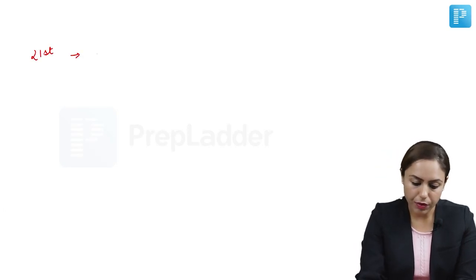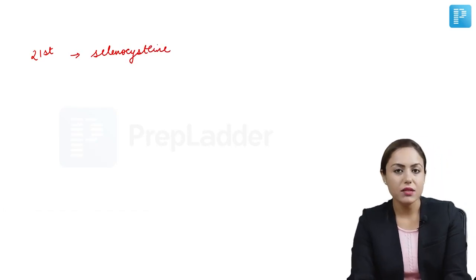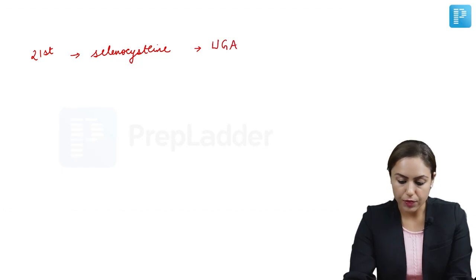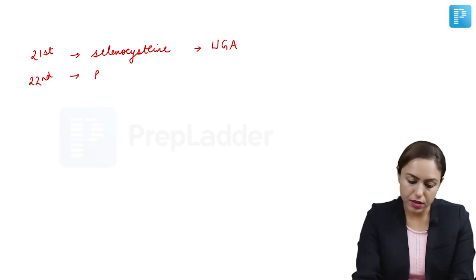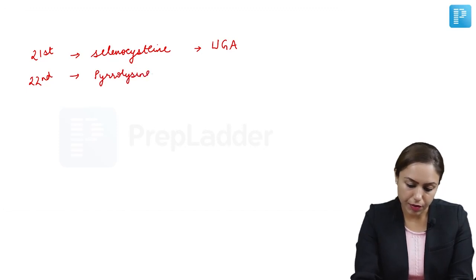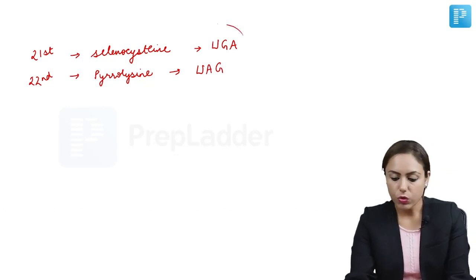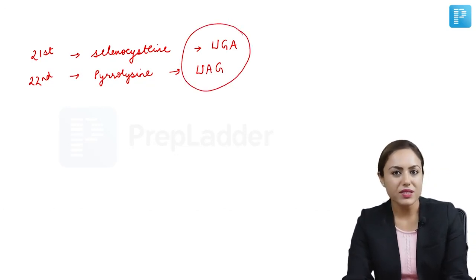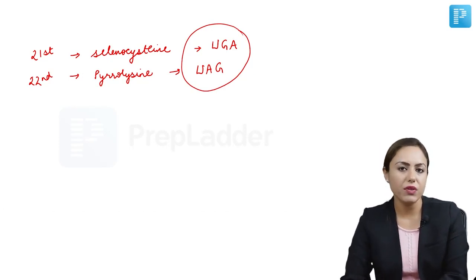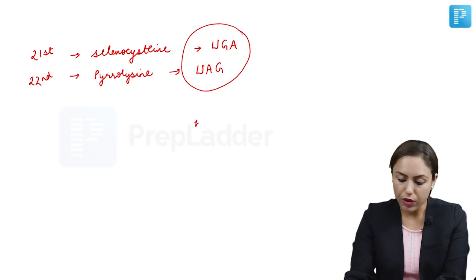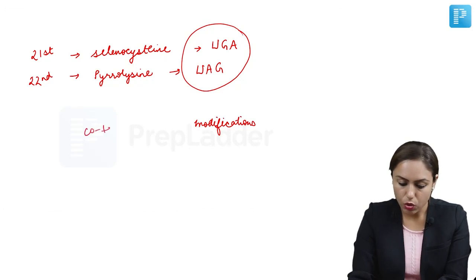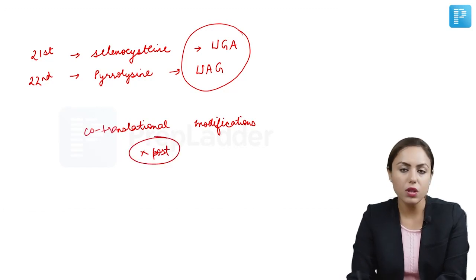Now, our 21st amino acid is selenocysteine. It is given by codon UGA, right? Then the 22nd amino acid is pyrrolysine, which is given by codon UAG. Okay. We know that both these are stop codons, but by some modification, these stop codons will be giving rise to these 2 amino acids, and those modifications are co-translational modifications, not post-translational modifications.